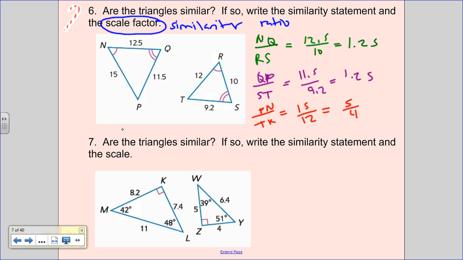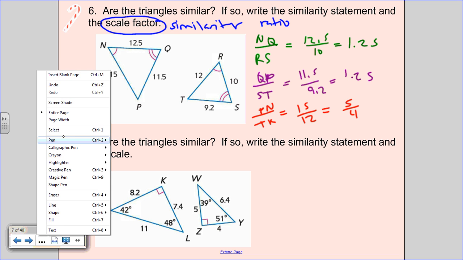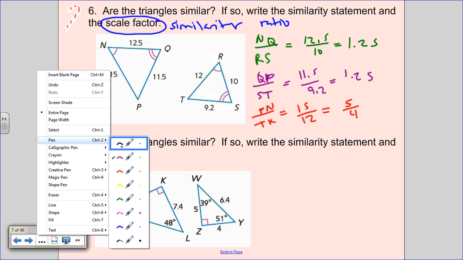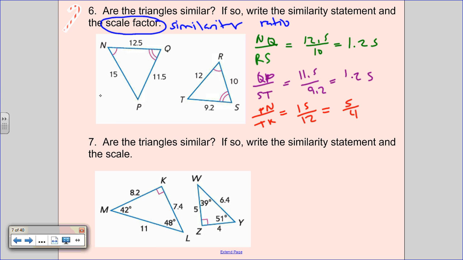So yes, the polygon is similar. So we need to write first the similarity statement, which would be triangle NQP is similar to triangle RST.